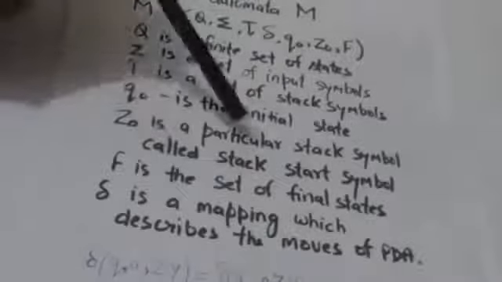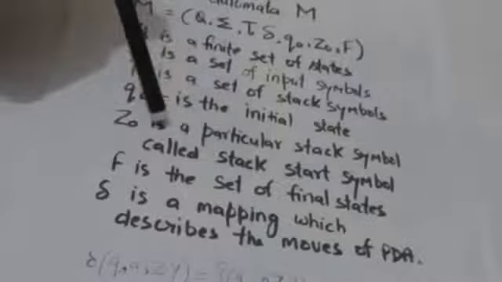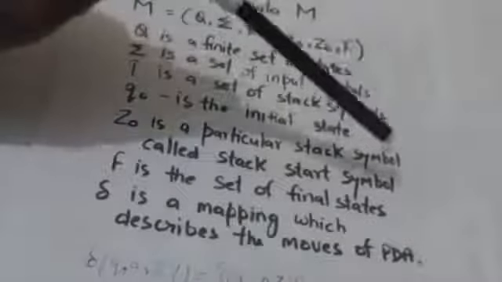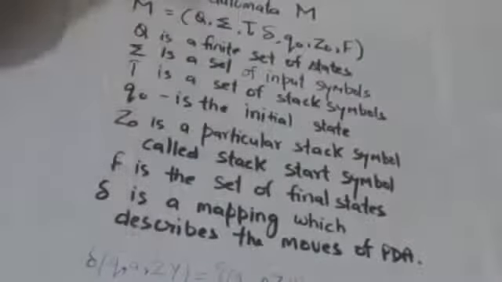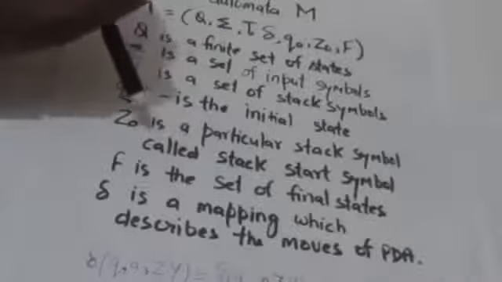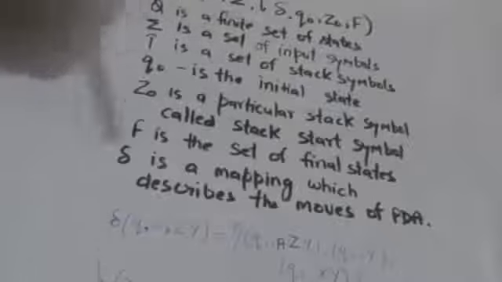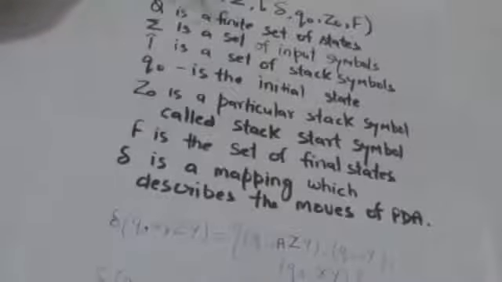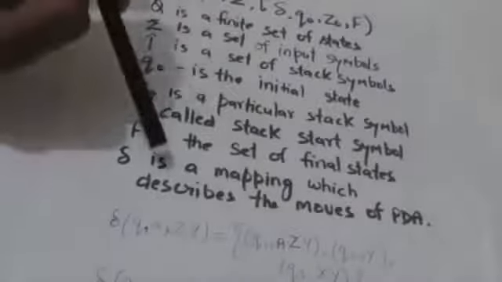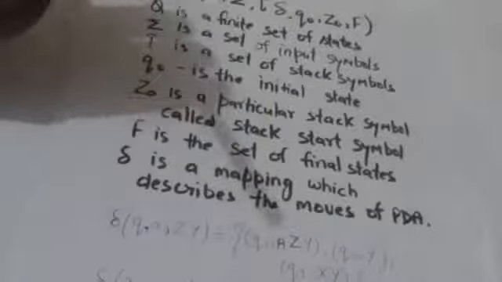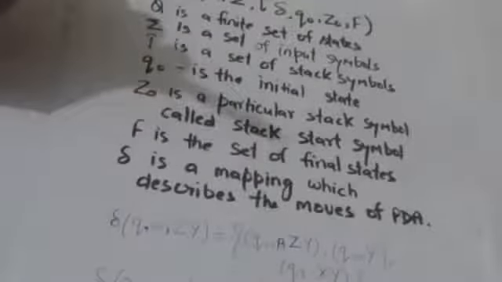Z naught is a particular stack symbol called the stack start symbol. When a pushdown automata starts, its stack contains only one symbol, that is, its stack start symbol, right? F is the set of final states of pushdown automata. Delta is a mapping which describes the moves of pushdown automata.